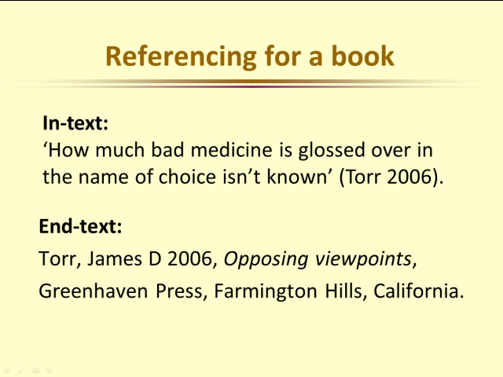The end text or bibliography entry would include the author's surname, first of all, followed by a comma, then their initials or their name and initials as in here. Note there's no punctuation used here at all in front of the year.